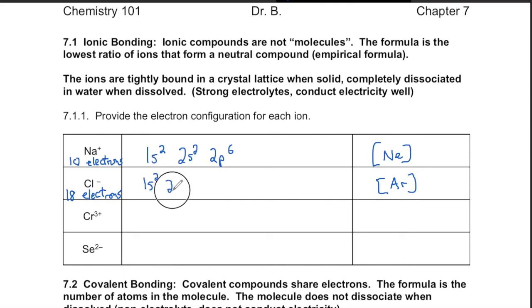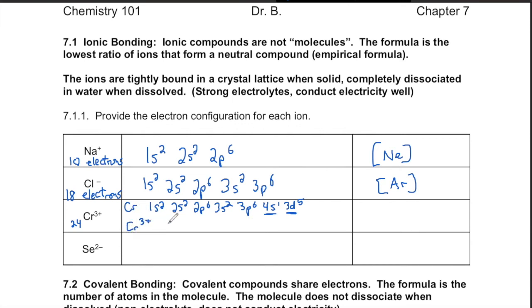It has a complete outer shell. This time the outer shell is in the level 3. So chromium ion, again, that's a transition metal ion, so we have to be a little bit careful. The chromium is going to lose the 4s first before it loses the 3d. Also, coincidentally, chromium is one of those exceptions that we didn't focus too much on. If you didn't remember that chromium was an exception, you would still get the same answer for the chromium 3+ ion.